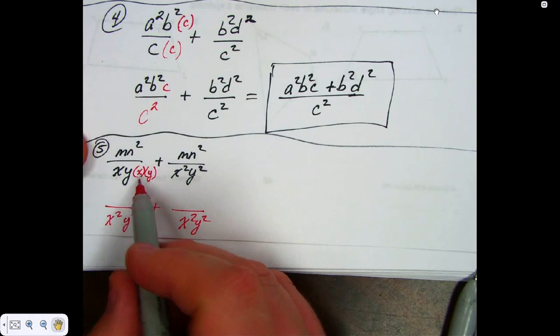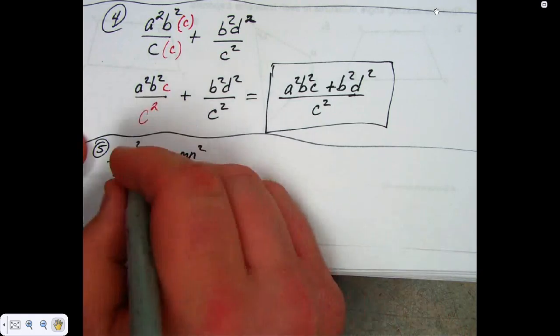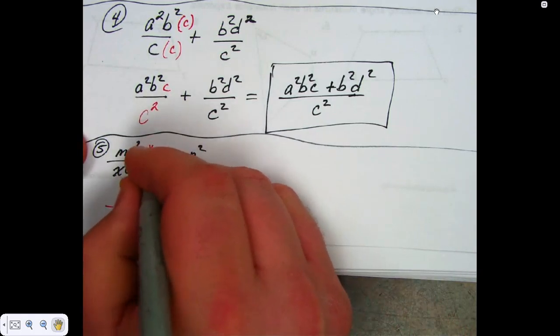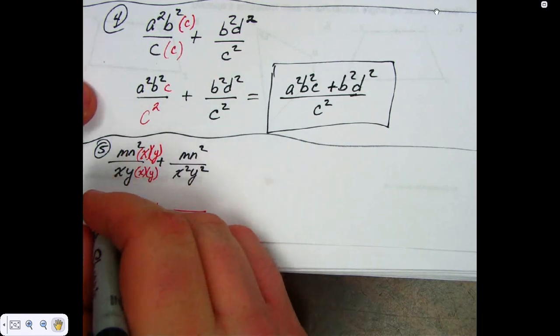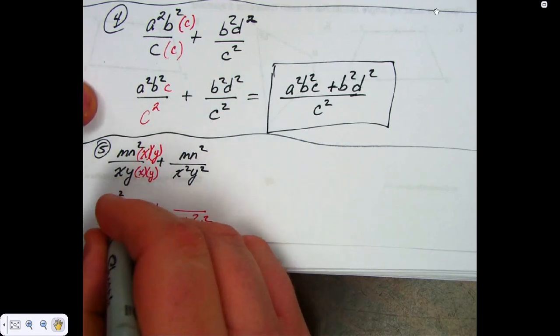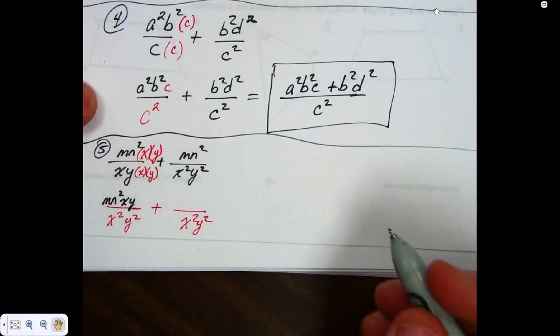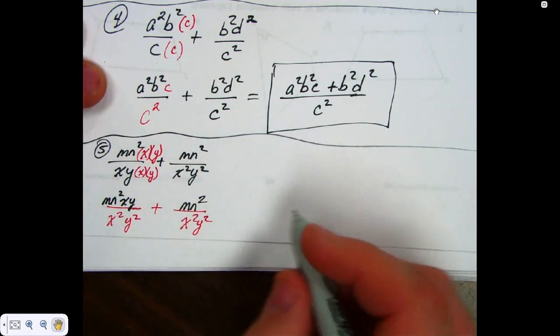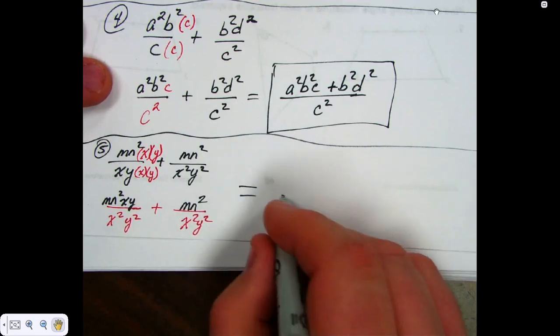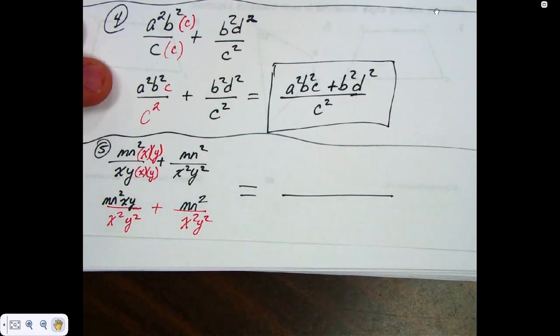But if I multiply the bottom by x and the bottom by y, I have to multiply the top by x and the top by y. So as a result, I am now left with mn squared xy on top. On top of this one, I'm left with mn squared. Now, I admit that is one big ugly looking fraction.